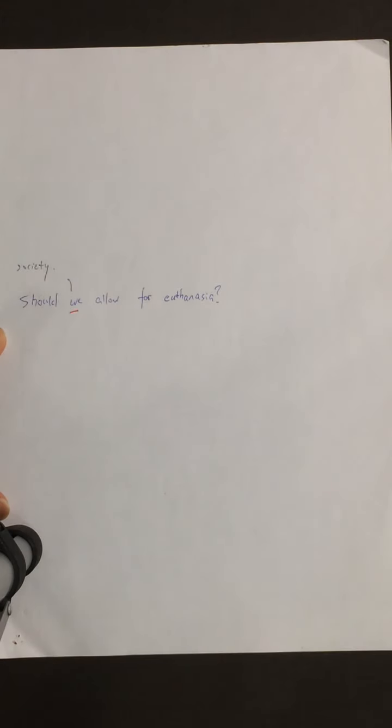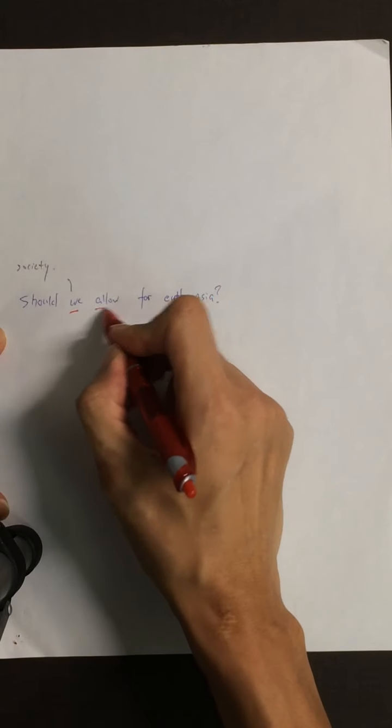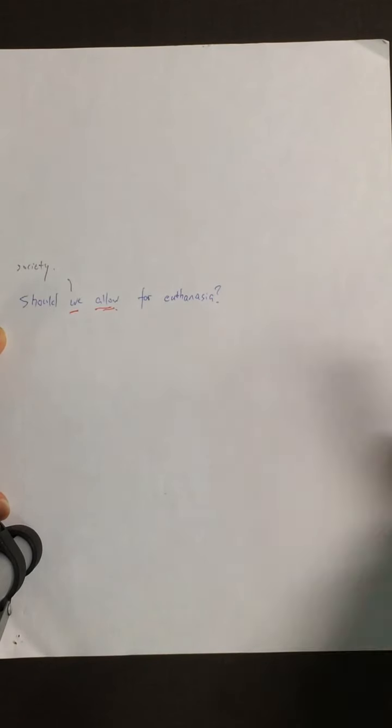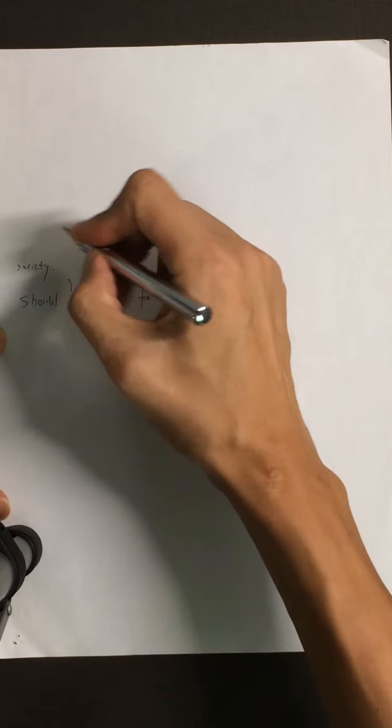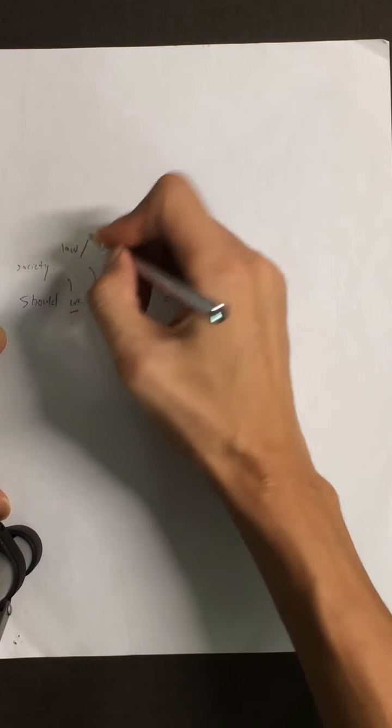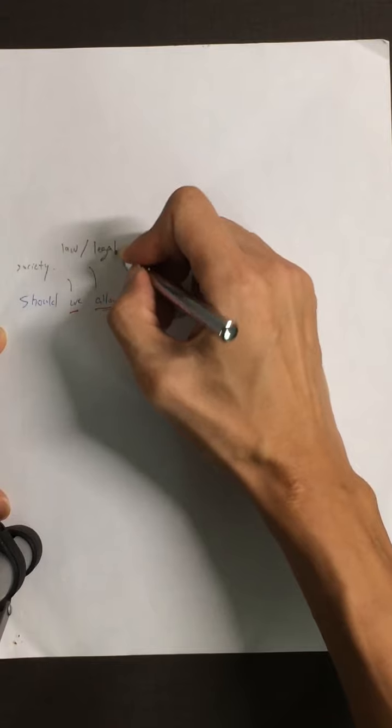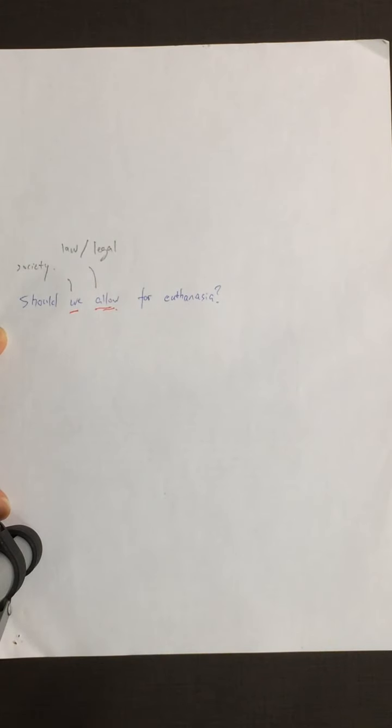Next, "allow". What does it mean by allow? If the context here is about the society, very likely we are going to be talking about the law, that we're going to allow by law.